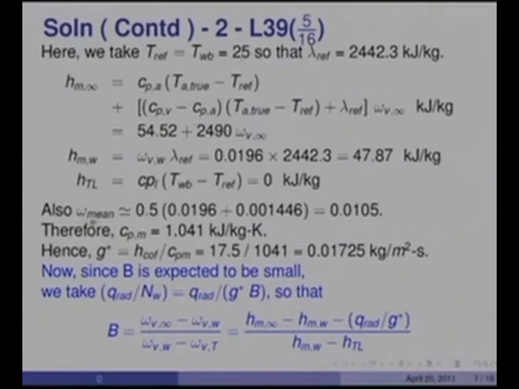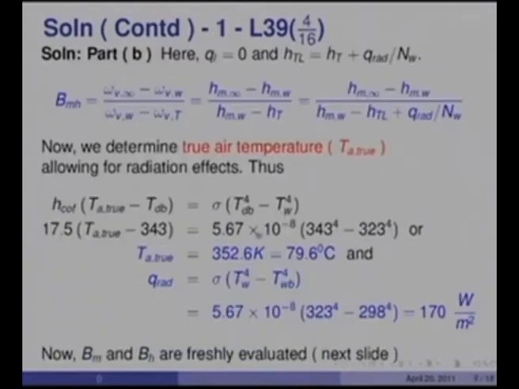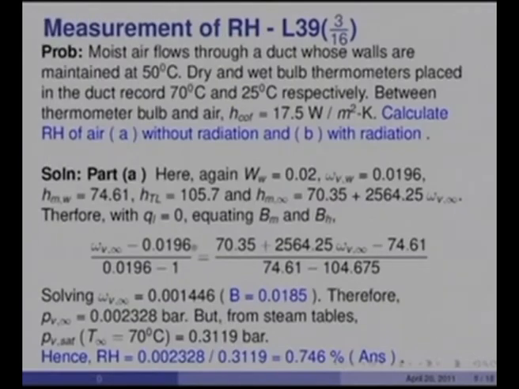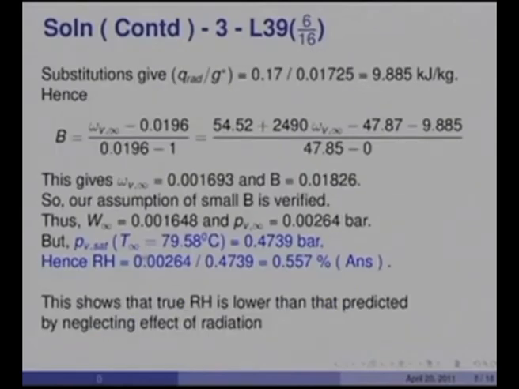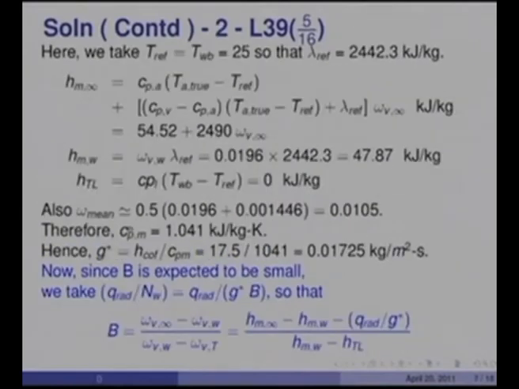Now, taking omega mean equal to 0.0196 plus 0.001446. Remember, we had evaluated here omega V W equal to omega V infinity equal to 0.001446. So, we assume that that will still remain the same as far as omega mean calculation is concerned.